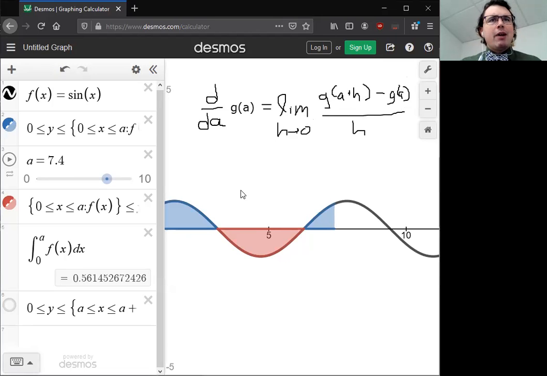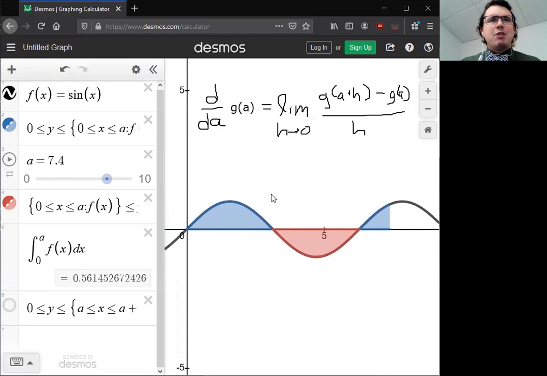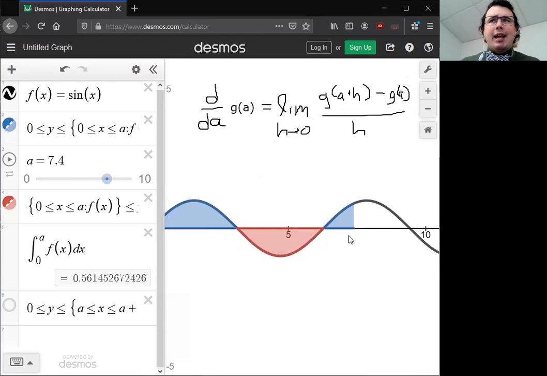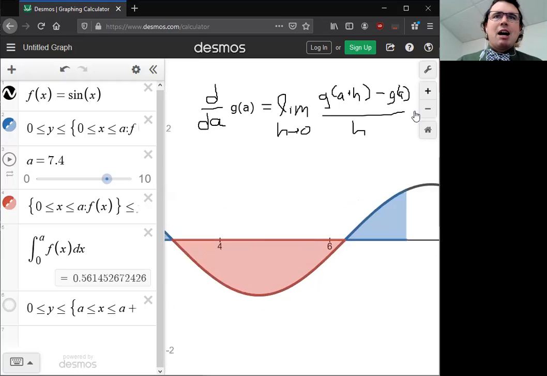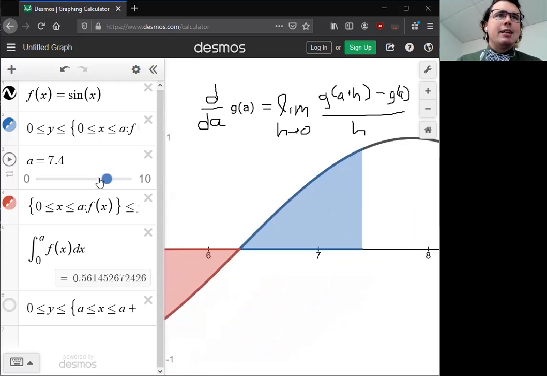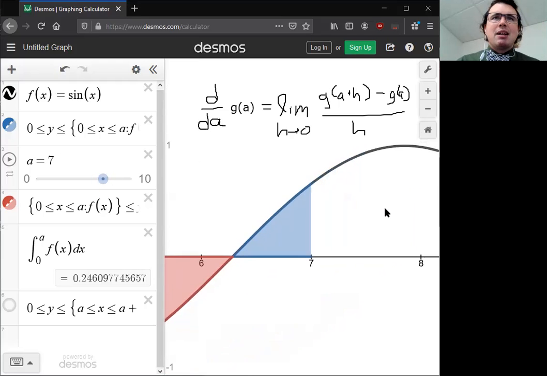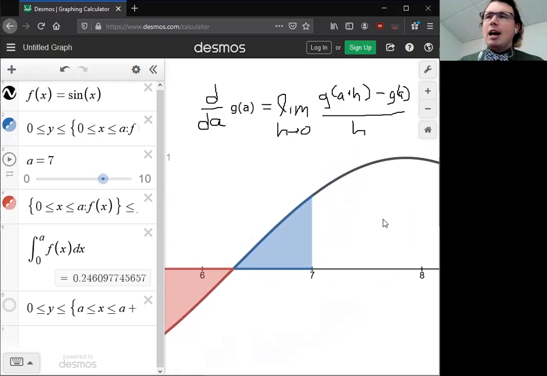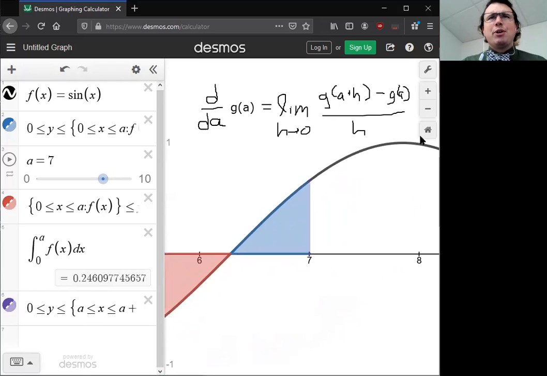If I integrate from x equals 0 up to x equals a, and then go just a little bit further, what have I got? Well, here I've stopped at a. My a is, let's just make that 7 to make it a little bit easier to see. And I'm going to go out just a little pinch further, like this. Now, I've chosen a value of h that's pretty small here.